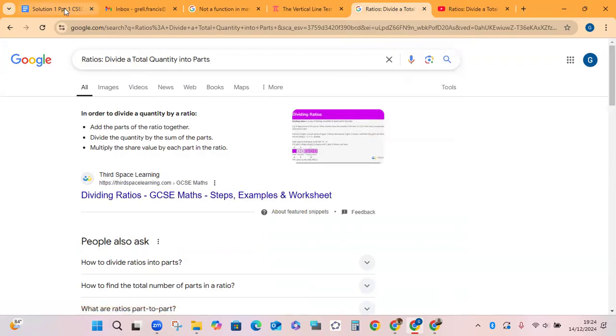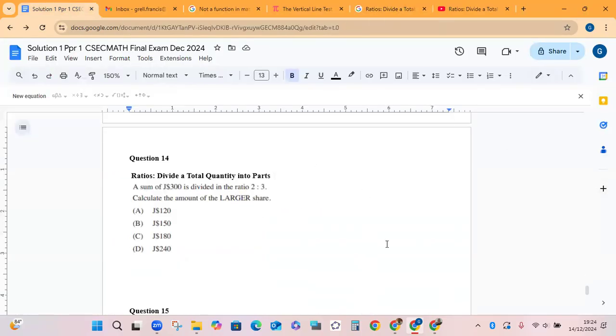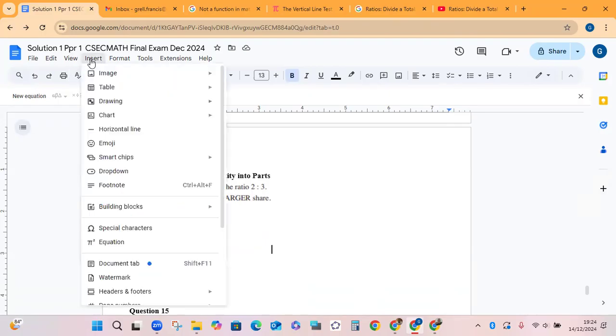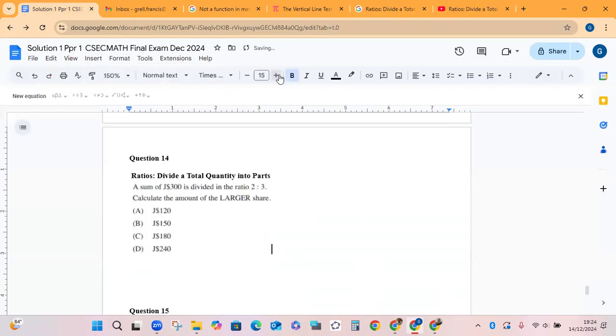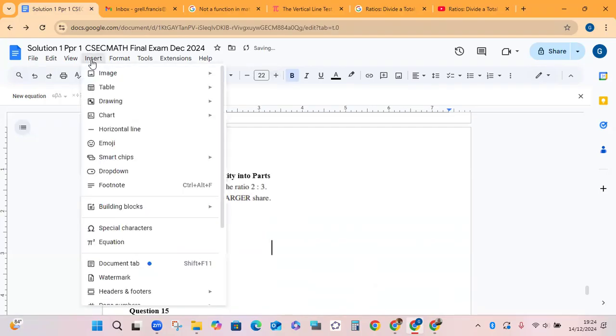So what we can do to speed up things, we can increase the font here. Go to insert.